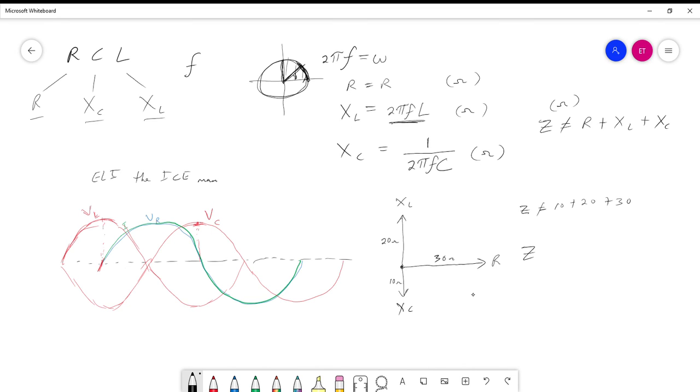So Z, we're going to look and see, okay, whatever inductive reactance you have and whatever capacitive reactance you have, first thing you've got to do is see that they cancel each other out. They're opposite. They're 180 degrees from each other. So like I mentioned to you, it is possible for them to totally cancel each other out.